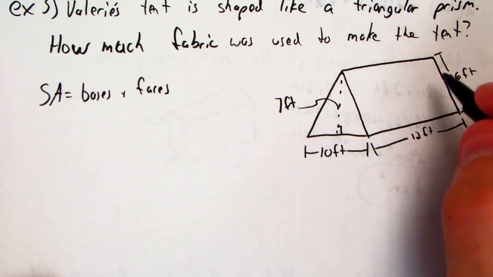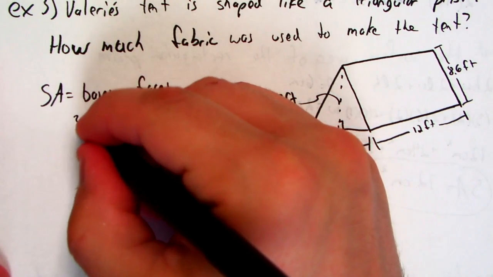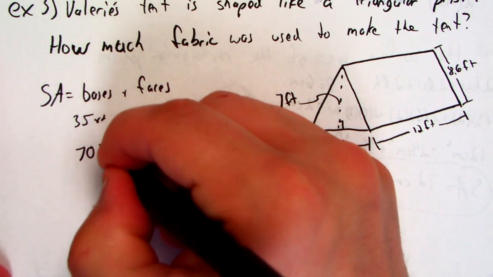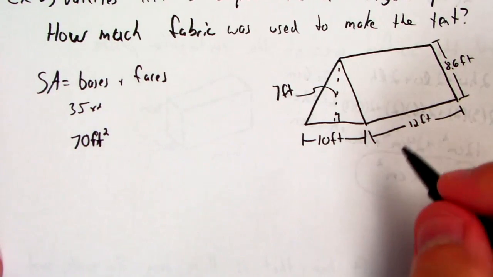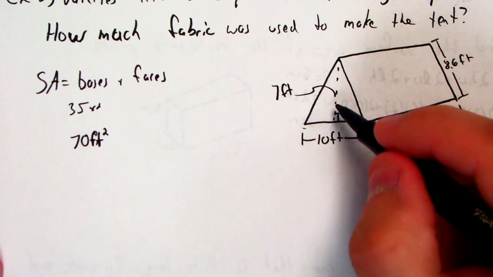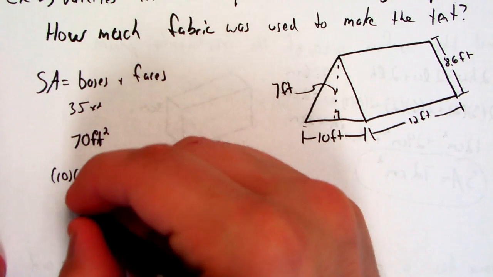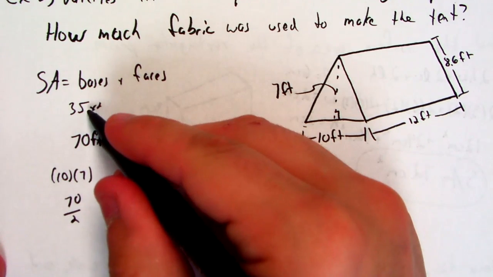So this is going to be 35 times 2, which is 70 square feet. So again, 10 times 7. So we got this by going 10 times 7, which is 70, divided by 2, which is the 35. And because there are 2 bases, it is now 70 again.